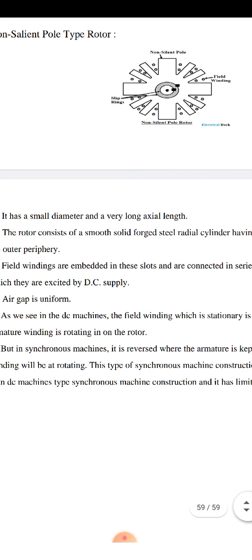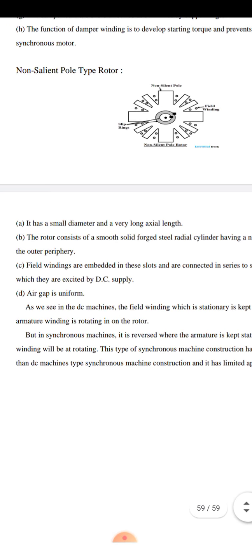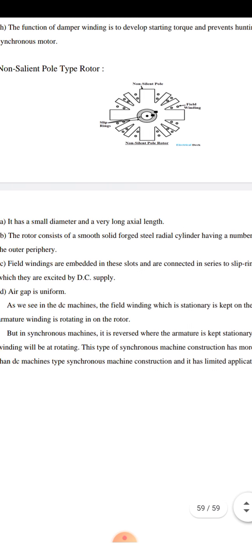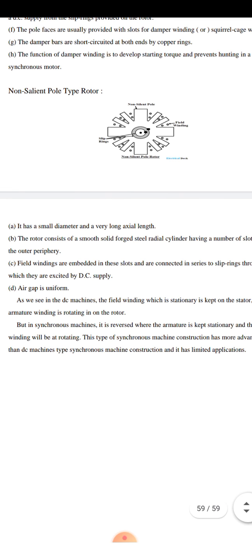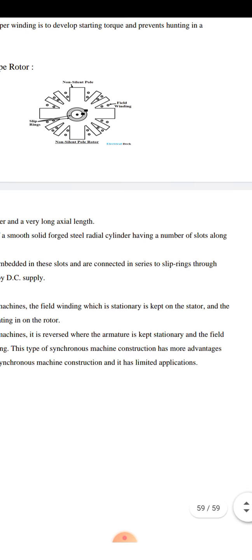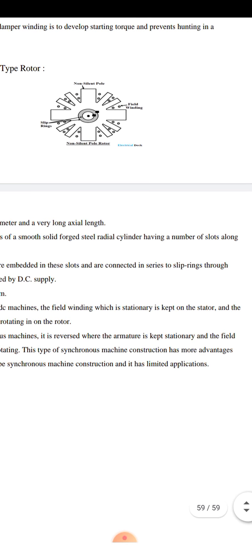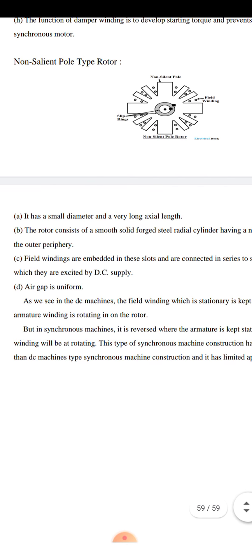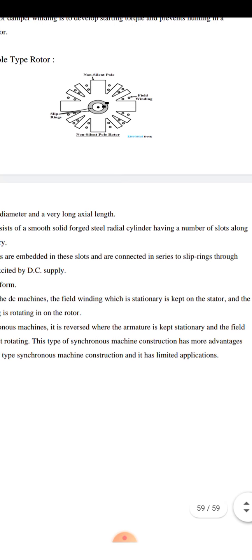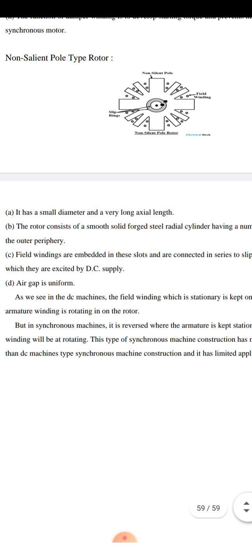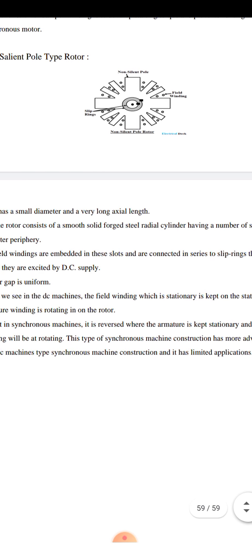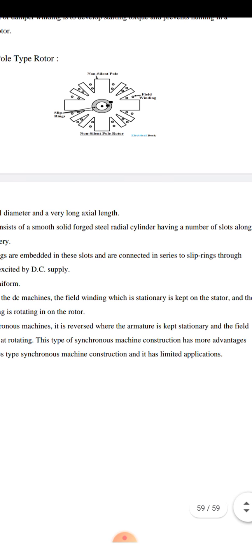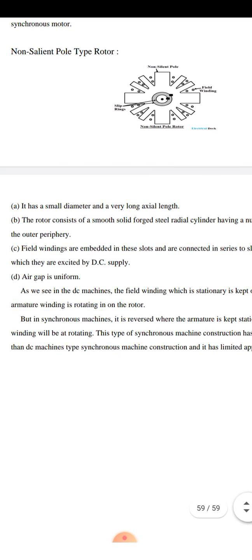In DC machines, the field windings, which are stationary, are kept on the stator and the armature winding rotates on the rotor. It means the stationary one is the stator and the rotating one is the rotor in a motor.